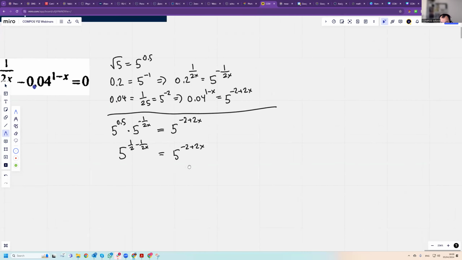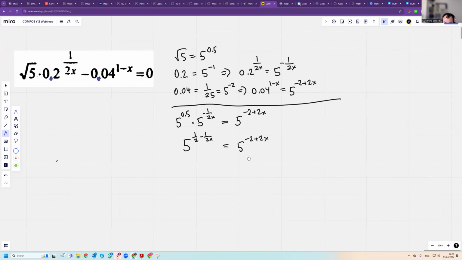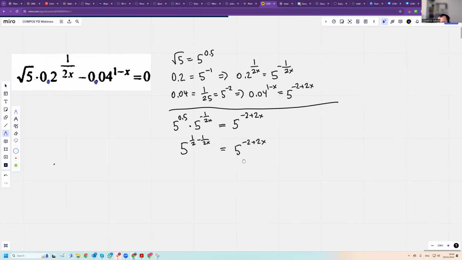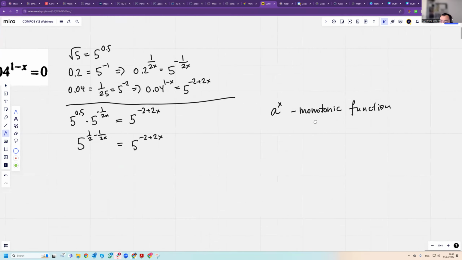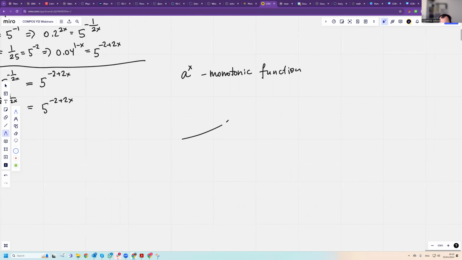And one of the very important properties of an exponential function is that it is a one-to-one function. It's a monotonic function. So a to the power x is a monotonic function. What does that mean? Well, it means it either constantly increases or constantly decreases.